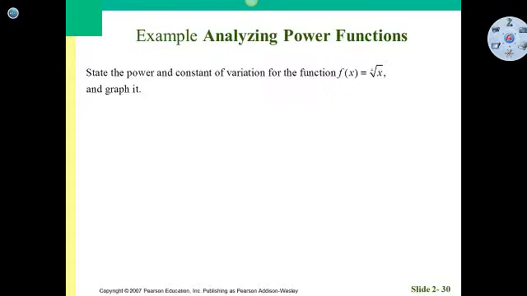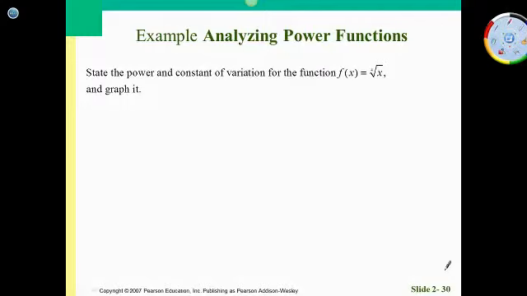Okay. Would you guys take a look, and we're going to state the power and the constant of variation for the function f of x equals the fourth root of x, and then we're going to graph it. First of all, how can I write the fourth root of x as a power?